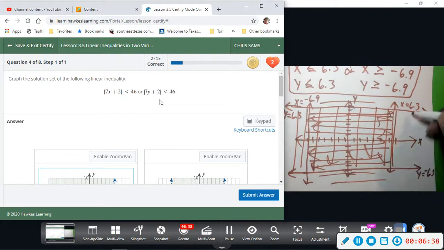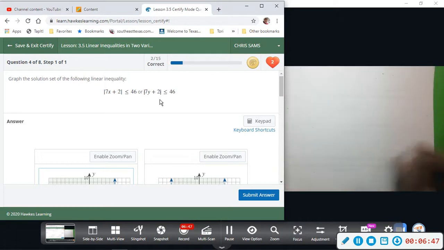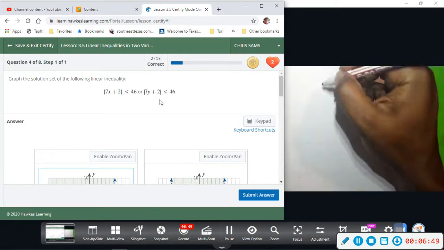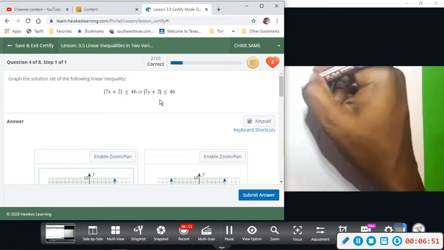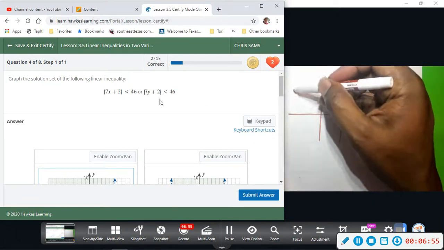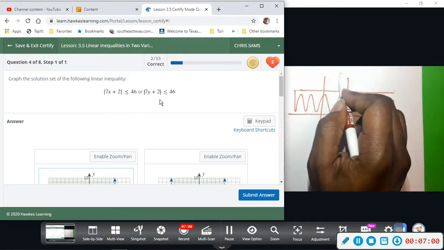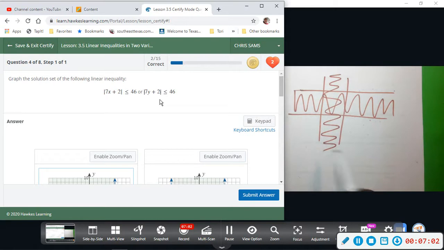So all the way across between these two lines, I'm getting everything there. And so the shape, kind of hard to see between those numbers, we're shading everything here between those y values, and we're shading everything here between those two x values. So we're getting an image like that with solid lines. So that's the one that we want to pick with our graph.